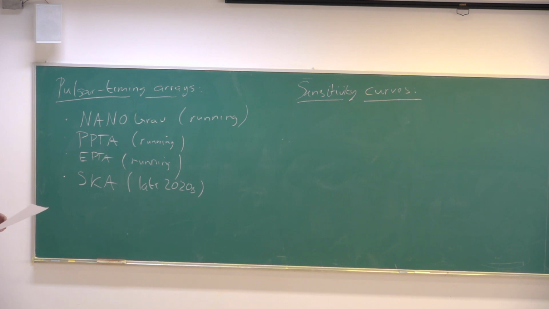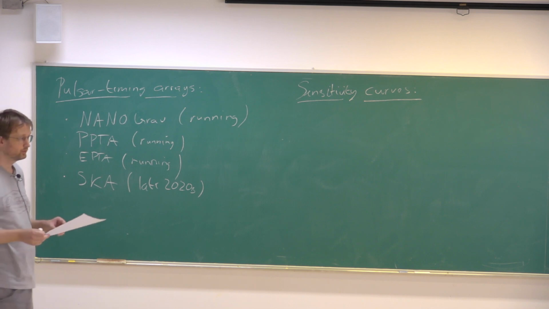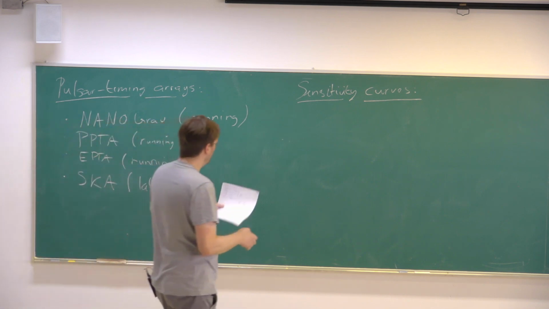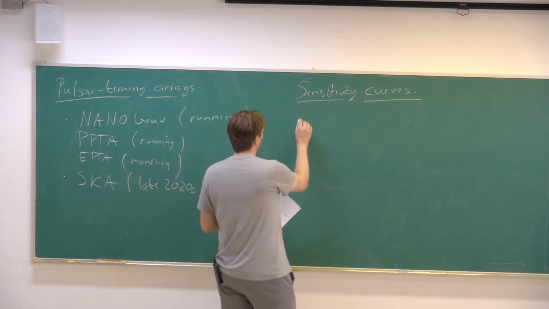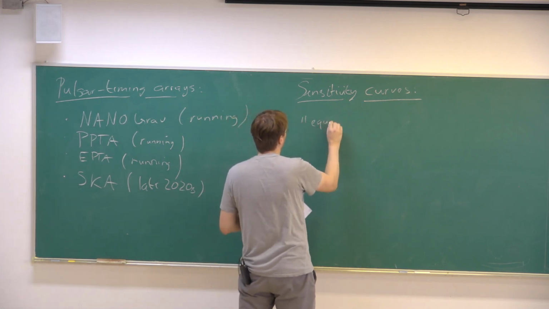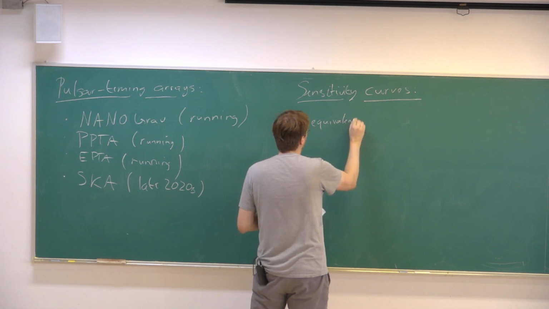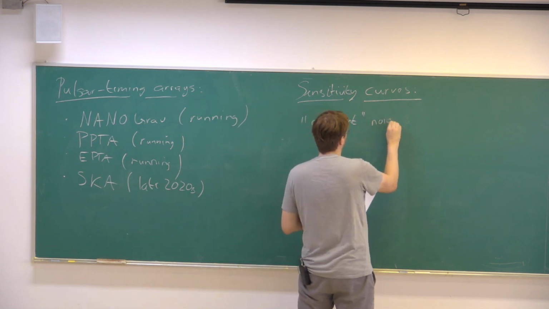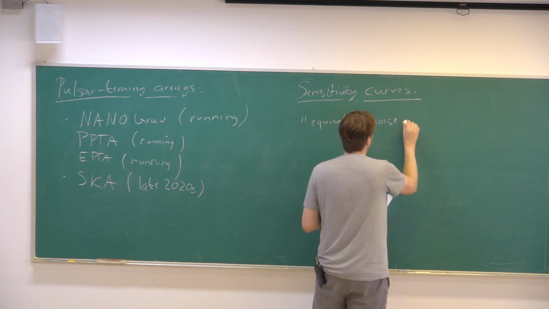And essentially now you have to compare your signal with these noise curves to know whether a signal is detectable or not. And for this, it's useful to use some kind of equivalent noise energy spectrum.